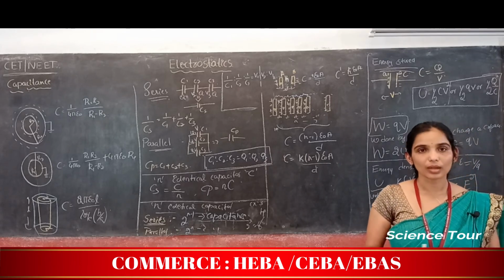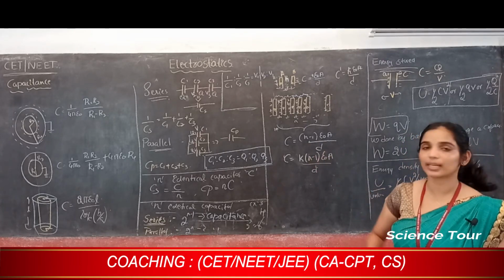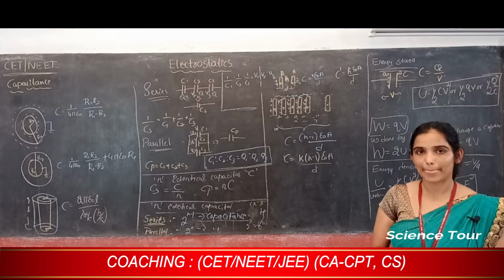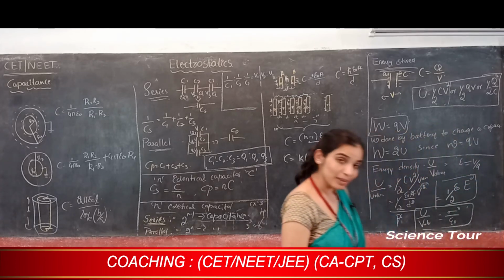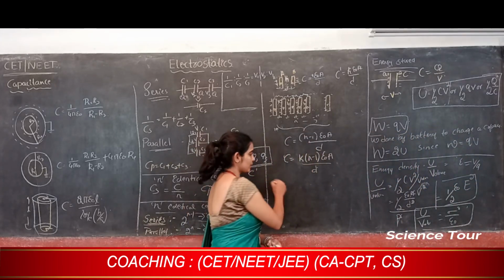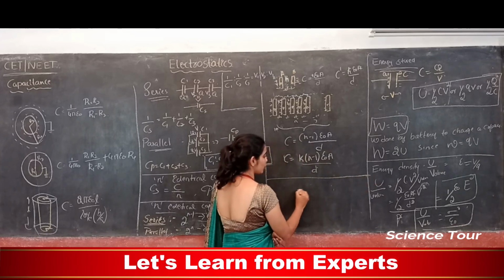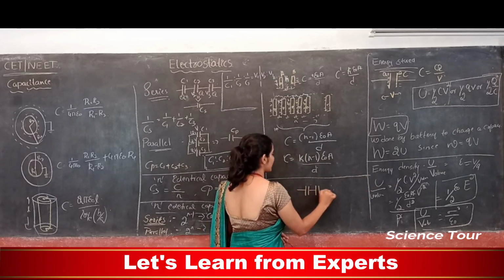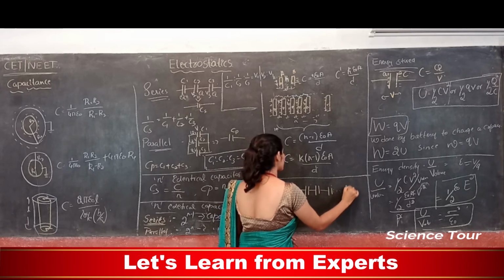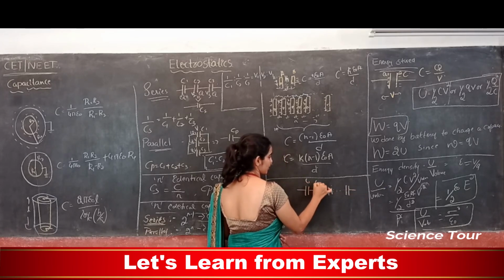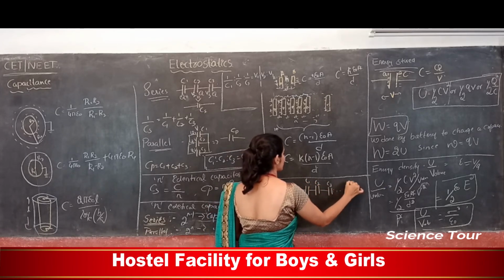Now, we have discussed series and parallel combinations, right? So you can have a mixed combination, yes or no? You can also have a mixed combination. Let's say there are n number of capacitors in series, C1, C2, C3, Cn.